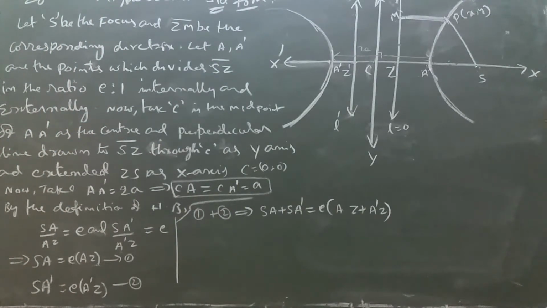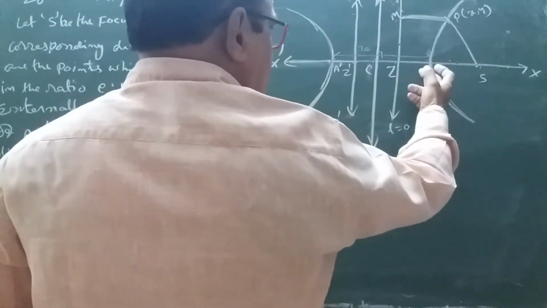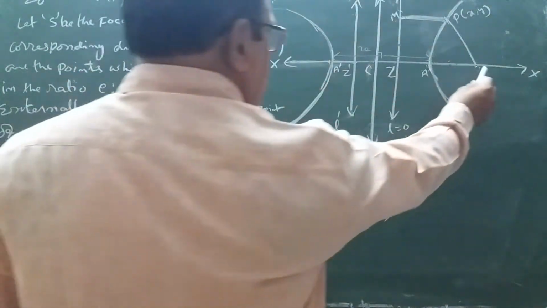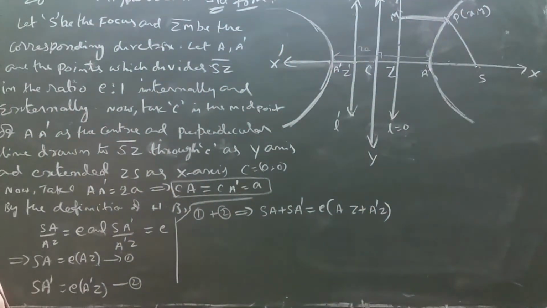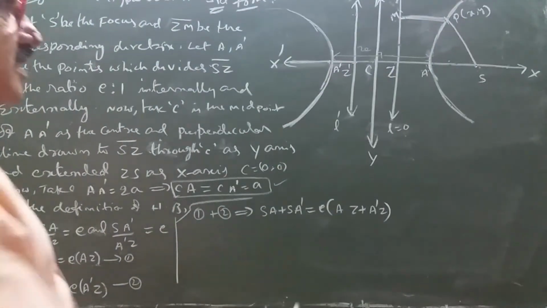Now, SA, the distance between the fixed point and the vertex A, plus SA dash. How can we separate these using small a?